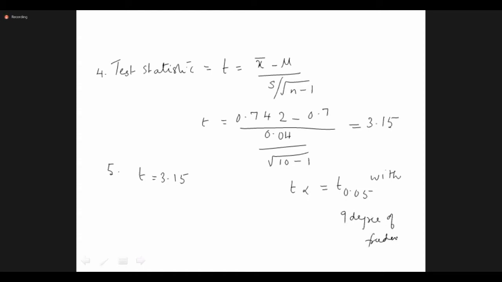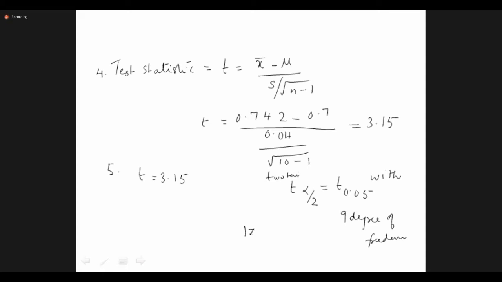You take your table and in the top line you see 0.05 and T alpha. So it is a two-tailed test, so we will be taking T alpha by 2 with 9 degrees of freedom.